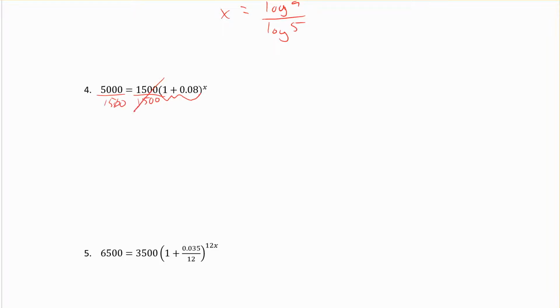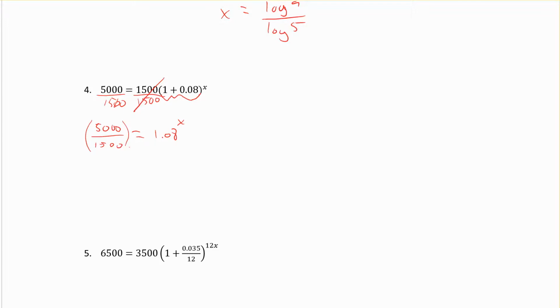And then those cancel. So then what I have on this side is 5,000 divided by 1500 is equal to 1.08 to the power of x. I don't even need to figure that out yet. I'm just going to keep that like that.